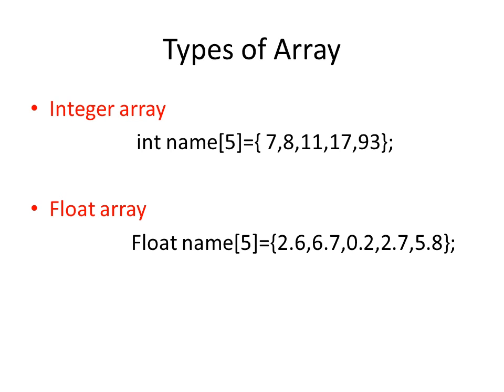Within a pair of curly brackets, I mention which data variables I am going to group. So this is how we declare or initialize an integer array. The same thing we can implement for a float array.